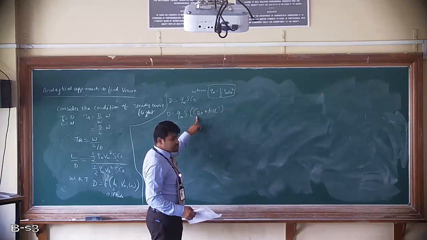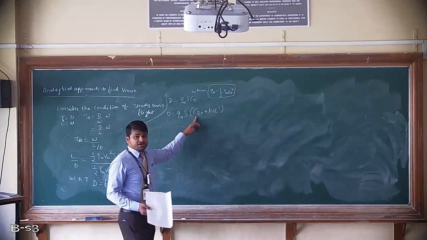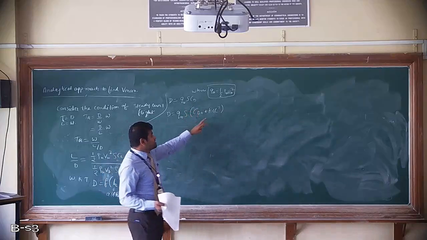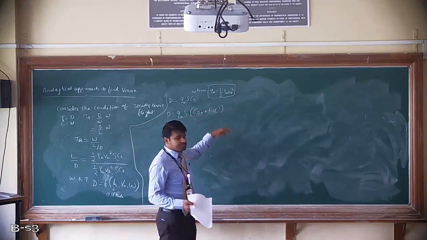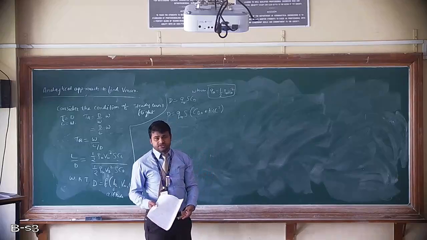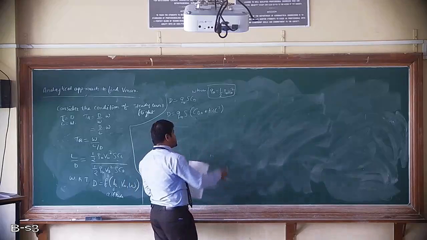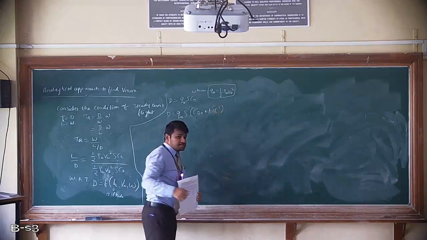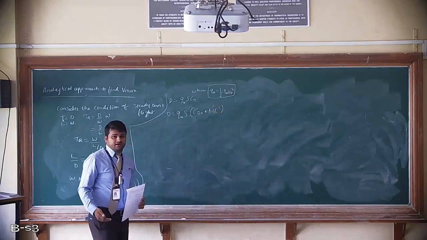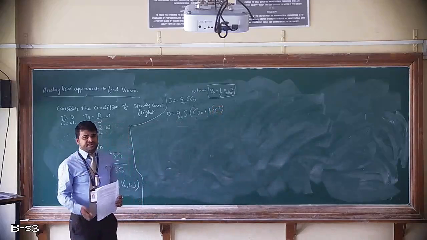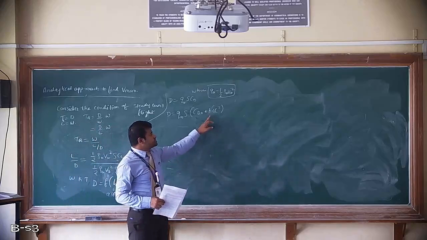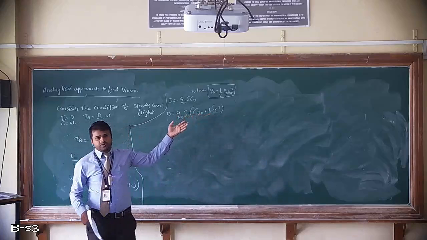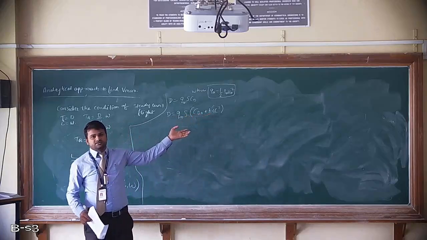One is non-lift drag, that is parasite drag, and KCL square will give us induced drag. Here K is nothing but a proportionality constant. While finding out the lift drag, K will give us the value as proportionality constant.